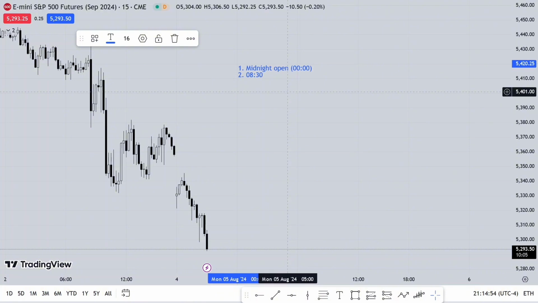Typically at this time there are news releases, most of the time. Then the next opening price you have is the 9:30 equities open. At 9:30, this is when the equities market officially opens. This is when you get the bell.